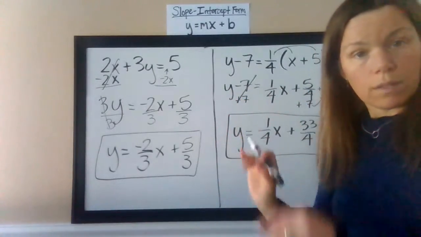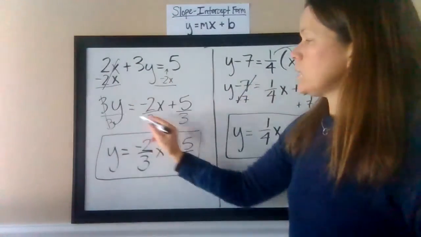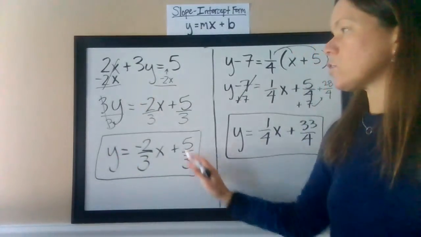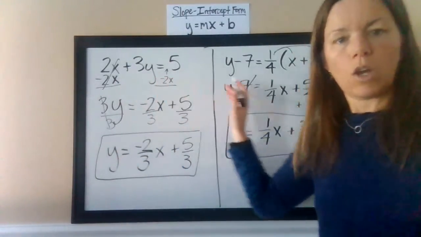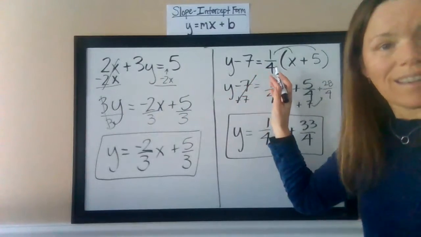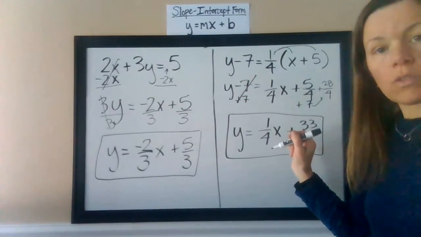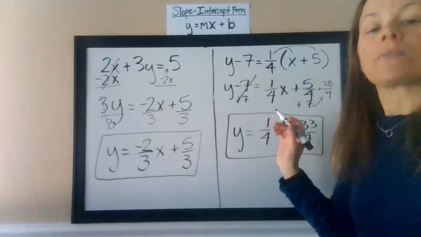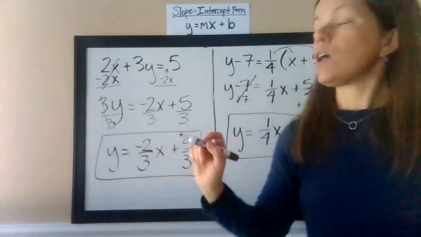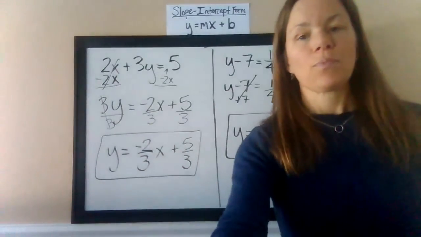That's the order of it. And we do whatever we need to do to the equation to get it down there. So you can't necessarily see what b is going to be until you get to that final step, or necessarily what the slope is until you do some work. So follow the steps, move towards slope-intercept form. Good luck.